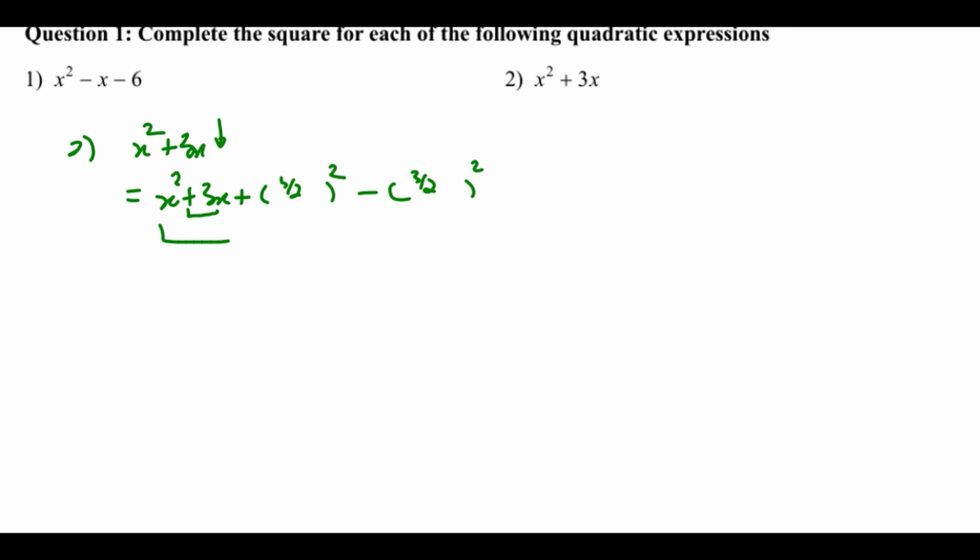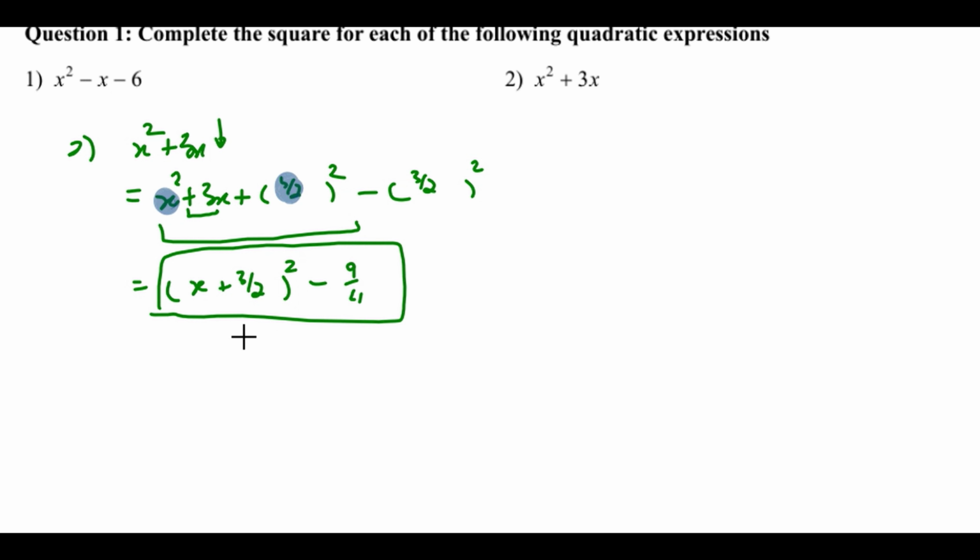The first three terms, and it's important that you have this order correct, will give a perfect square trinomial. What goes into that bracket will be x and 3/2. So we'll have x plus 3/2 all squared minus, and then we can multiply this out, 9/4. So this is now what is called completing the square form or turning point form.